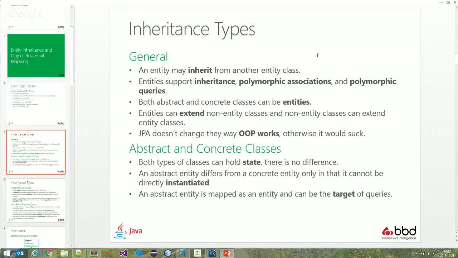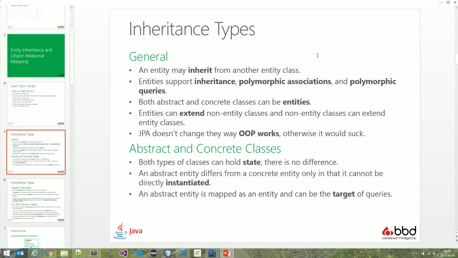All right, so just to get into the general stuff about inheritance when it comes to ORM, or the JPA stuff. Entities can inherit from any other entities. They support polymorphic associations and queries. So if you've got an employee and a full-time employee, you can query the full-time employee table but return an employee object, if that's what you want.